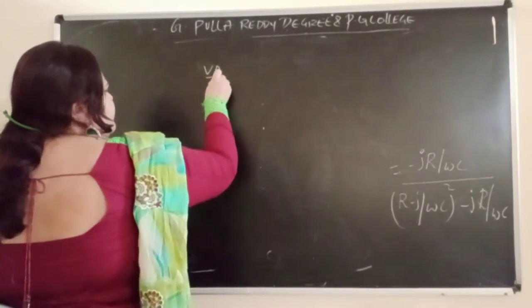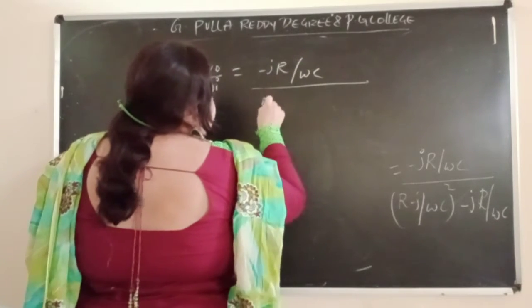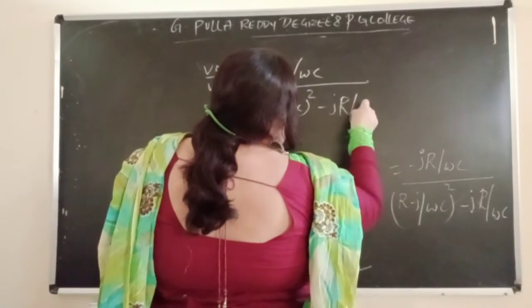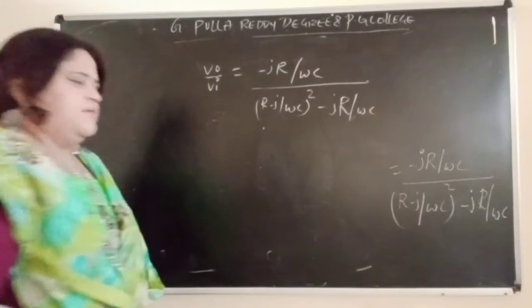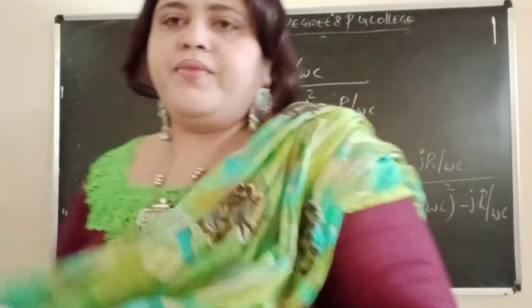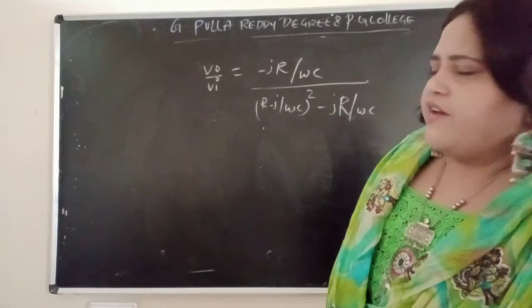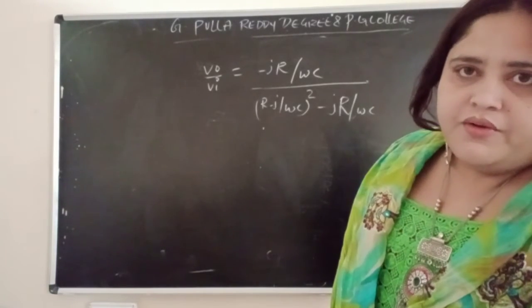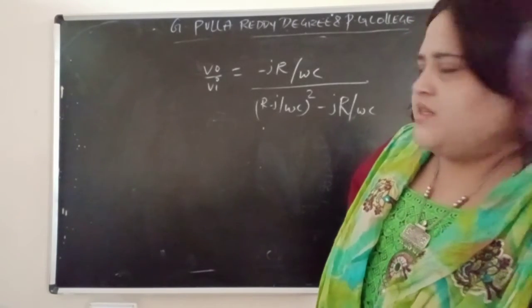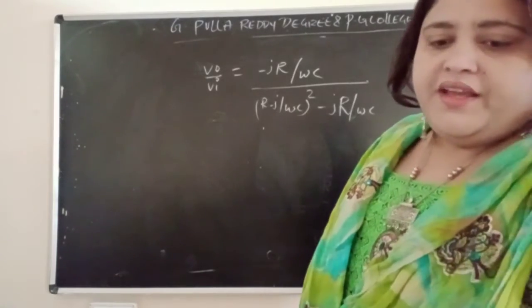V naught by Vi is equal to minus j R by omega C over (R minus j by omega C) whole square minus j R by omega C. From this you got the formula for the gain. Now again we should substitute it.